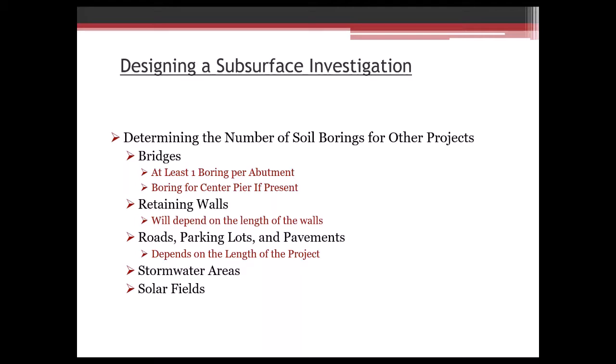The other thing that we have to consider with bridges is where the funding and where the review is going to come from, in the sense that, especially in New York State, the state DOT has very specific requirements about numbers of borings and depths, and they actually require 2 borings per abutment and on either side of the road.